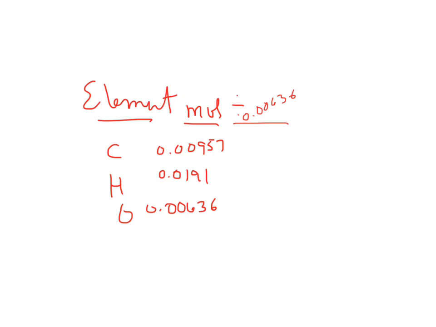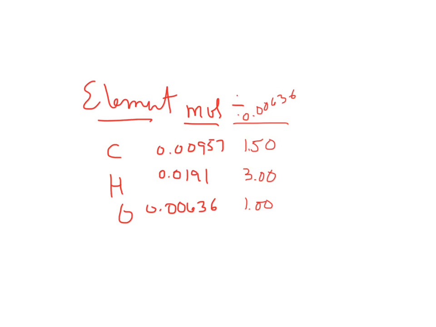For the relative moles of carbon, I got 1.50. Relative moles of hydrogen came into line with an integer, 3.00. And of course, if you divide 0.00636 by 0.00636, you get 1.